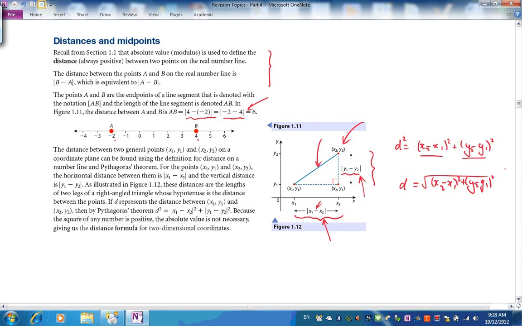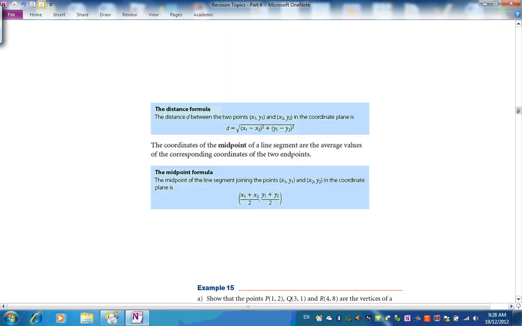So hopefully you have seen that last year. The crucial thing there is that it doesn't really matter in which order you take away the x2s and x1s, y2 and y1, because in the end you're going to square them, so it'll give a positive anyway. Alright, we'll have a look at some problems involving that in a minute.